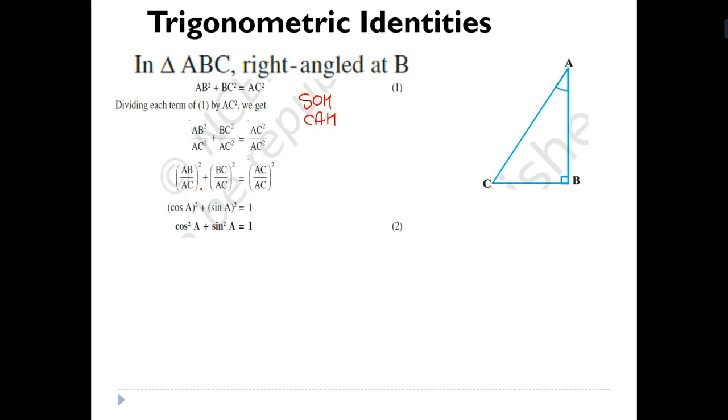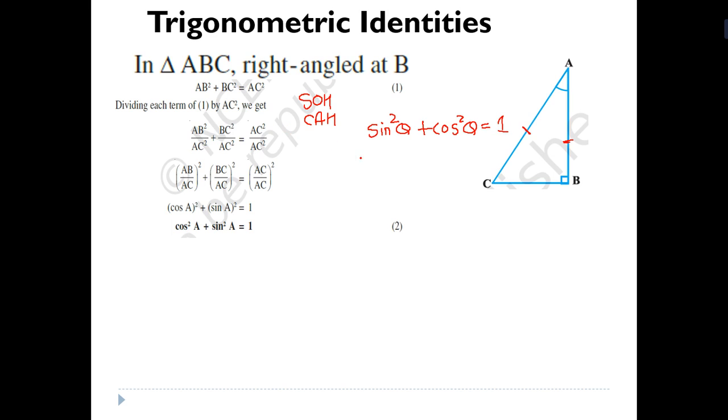AB upon AC is adjacent upon hypotenuse, so we can write cos square A. BC upon AC we can write sin square A, and here it is 1. So the first identity is sin square theta plus cos square theta is equal to 1. That is our first identity.